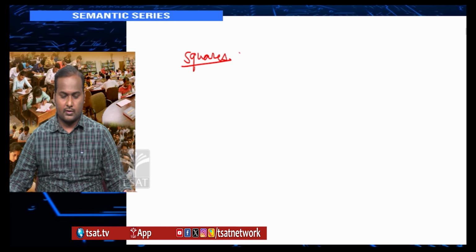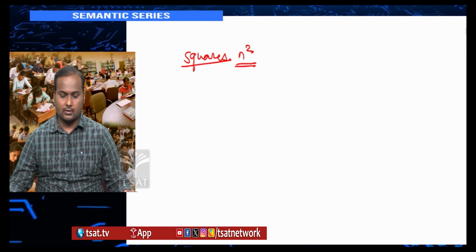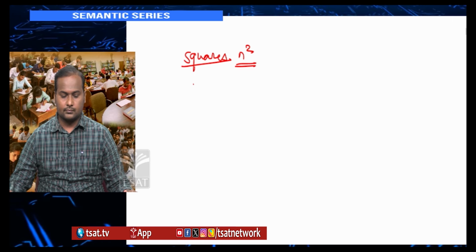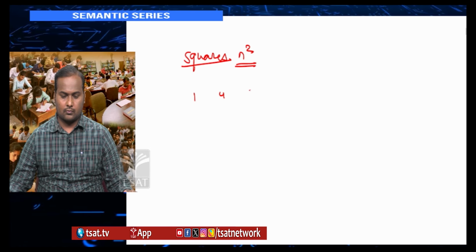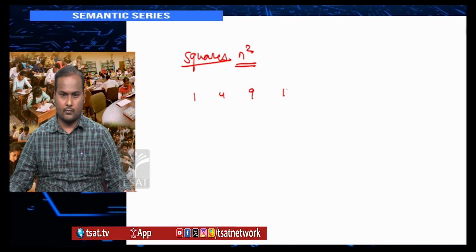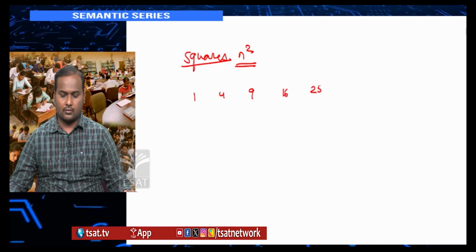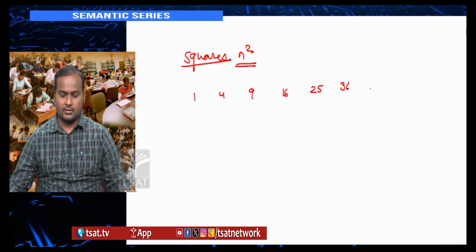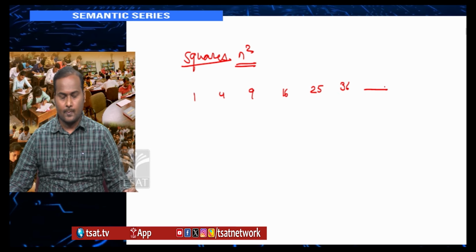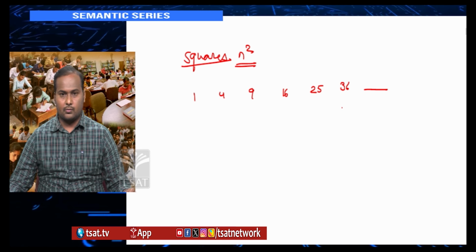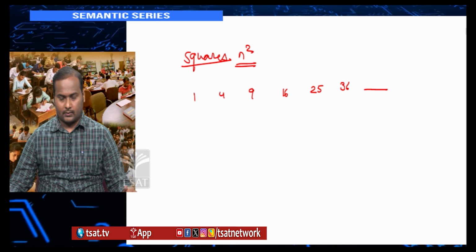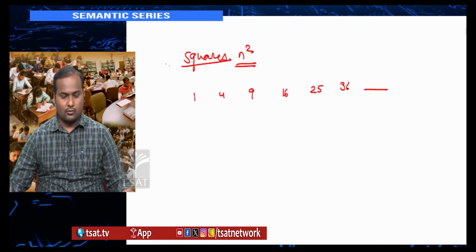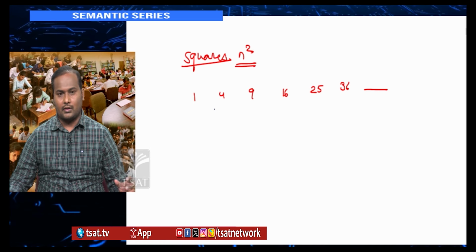In the case of squares, that is n square, the format is very simple: 1, 4, 9, 16, 25, 36, and it asks for the next one. The moment you see these, you should recognize that it is in the form of a square. The other way to solve this is to take the difference.